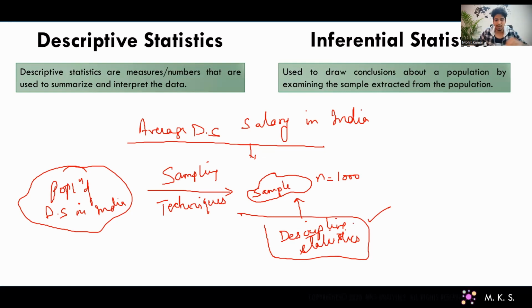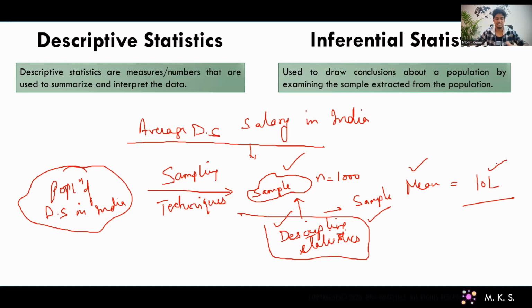All of those measures you can use to characterize this sample. For this example, we need to calculate the sample mean, and let's say that sample mean comes out to 10 lakh. Using the sample mean, we have summarized the sample and we are saying the mean of this sample is 10 lakh.